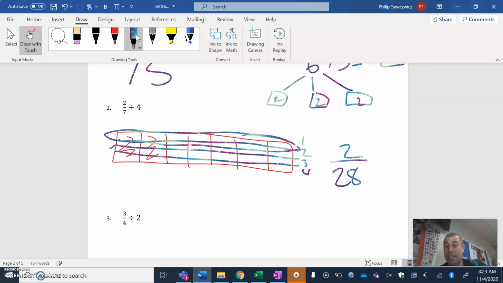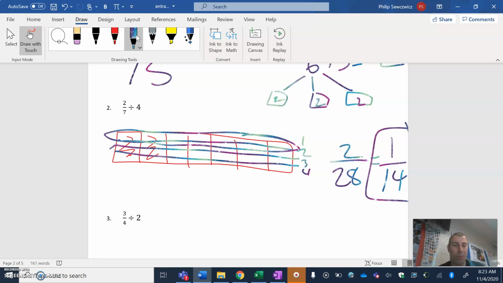This way I don't have to count each one. And we want to simplify here because both of these can be divided by 2. If I divide them by 2, I get a 1/14 answer.